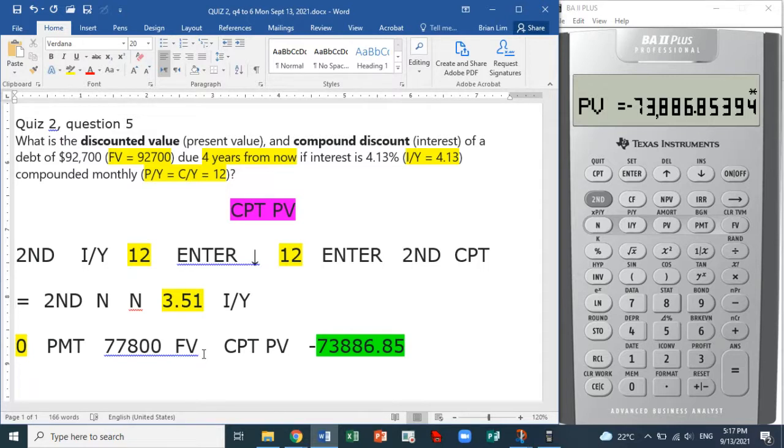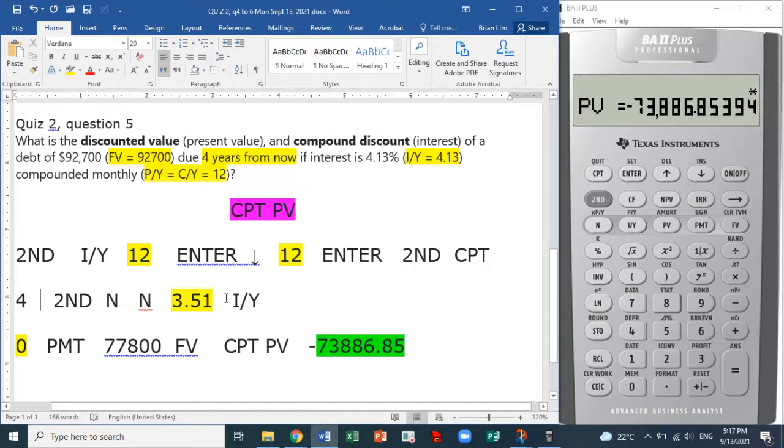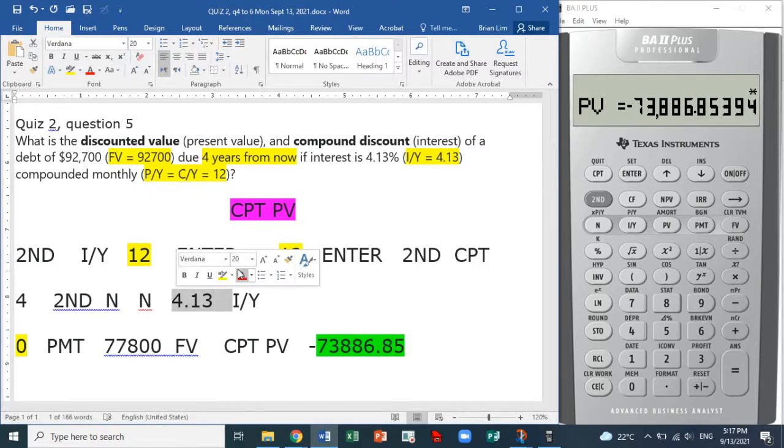We will enter a value of 4 for 4 years. Okay, and then we go second NN. All right, so we will do all of that eventually. Let's clean this up first, and then we'll do all the entries in the calculator all at once.